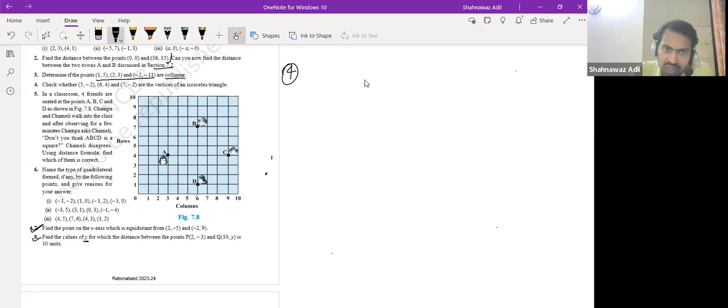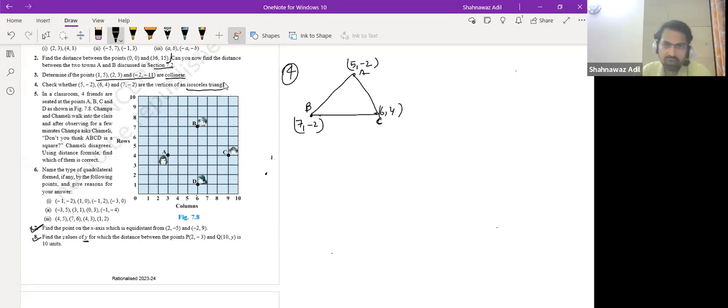So we have A, B and C, which are the vertices of a triangle. This is (5, -2), this is (6, 4), and this is (7, -2). We want to prove that this is an isosceles triangle.